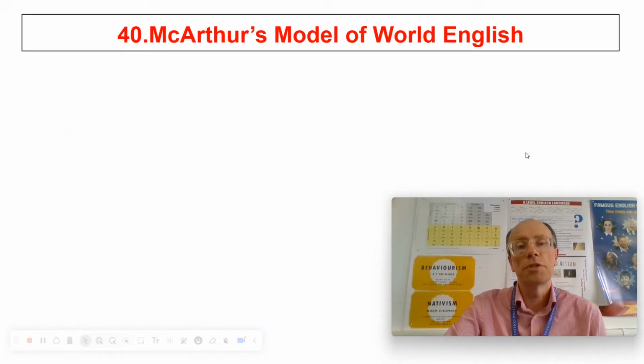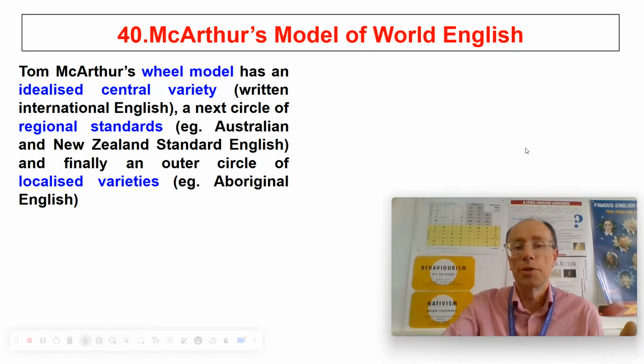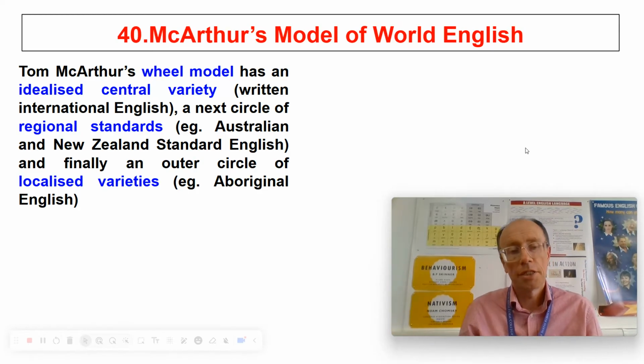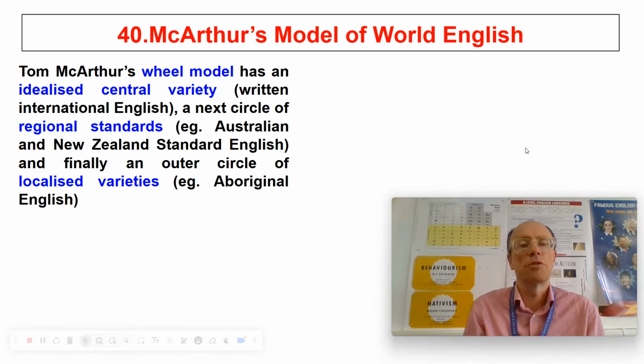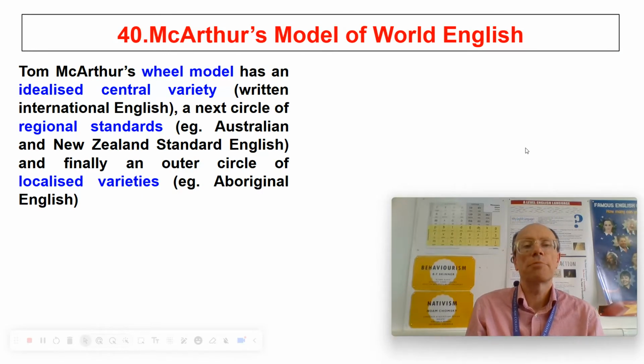We're now going to move on to McArthur's model of World English. This one is really good. So Tom McArthur's wheel model, so it's a bit different from Kachru. What you've got in the middle is this kind of idealized central variety of written international English, so that if you were writing answers in an English baccalaureate qualification in Singapore, then you'd be expected to be using this idealized central variety.